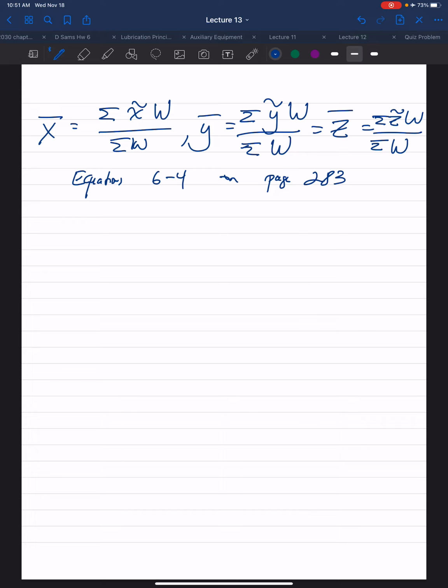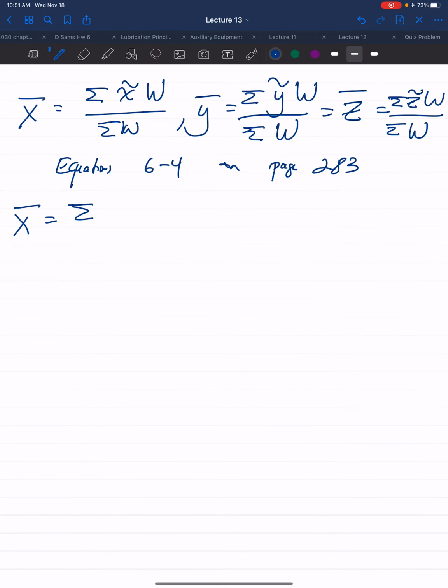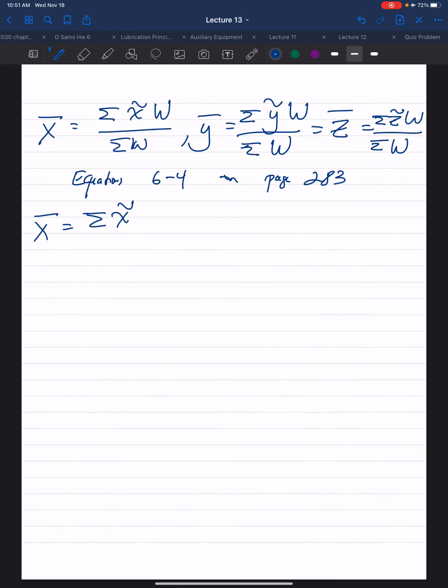Now, instead of using the W's for weight, we can likewise use area, or volumes or lengths, etc.